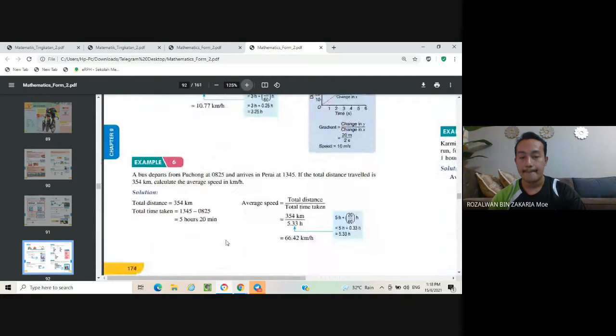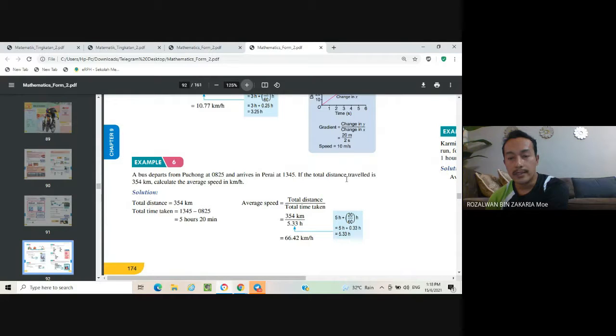All right. Okay, next, look at this one, example 6. A bus departs from Puchun at 0825 and arrives in Perai at 1345. This one is in the 24-hour format.